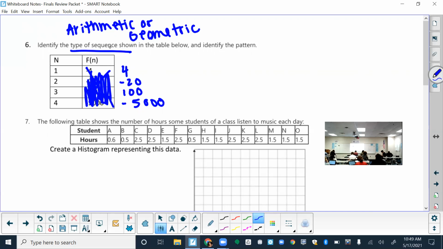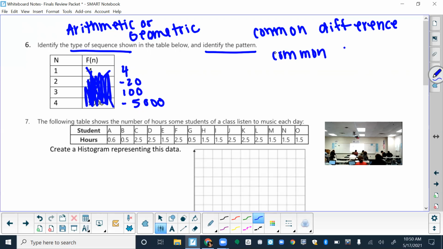And then identify the pattern, so that one is either going to be common difference for the arithmetic or common ratio for the geometric. Arithmetic sequences are where it looks like you're adding or subtracting each time. Common ratio is where it looks like you're multiplying or dividing each time.